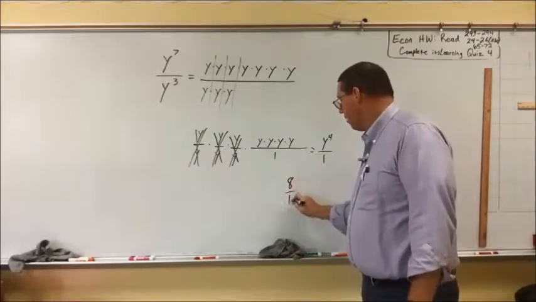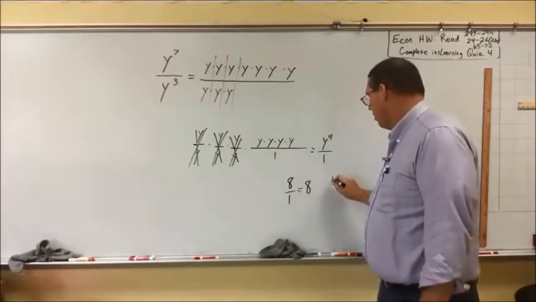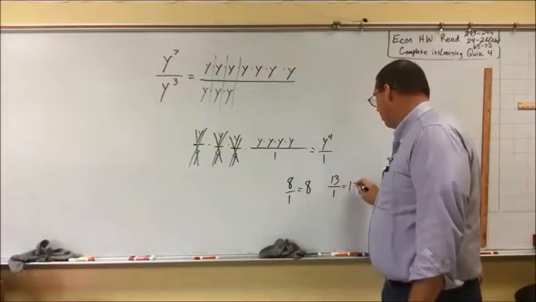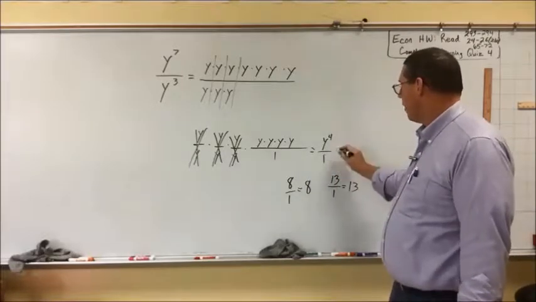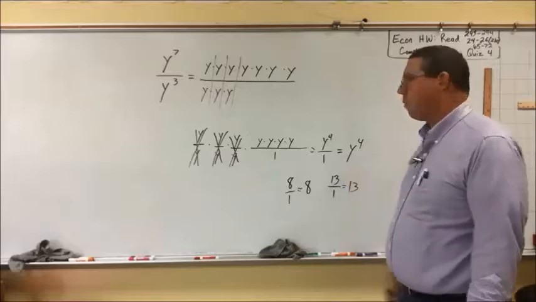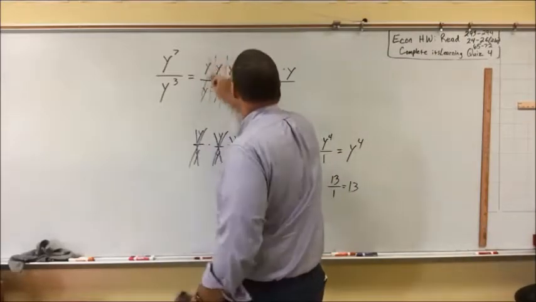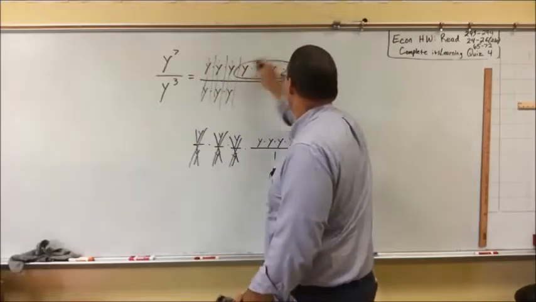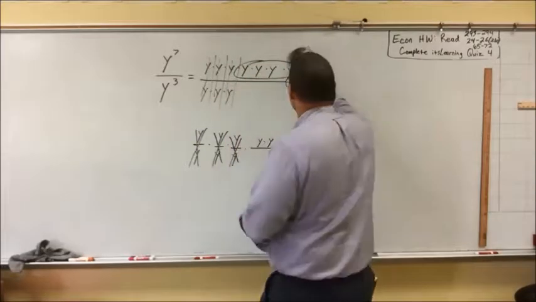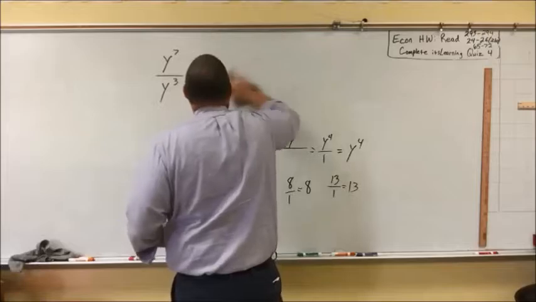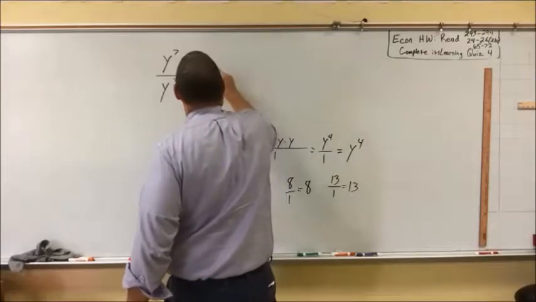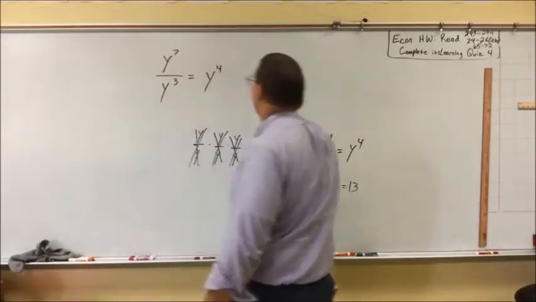Remember, like 8 divided by 1 is the same thing as 8. 13 divided by 1 is equal to 13. So y to the 4th divided by 1, well, that's just y to the 4th. And therefore, cancel, cancel, cancel, and all we have left are 4 y's. So this must be equal to y to the 4th power.